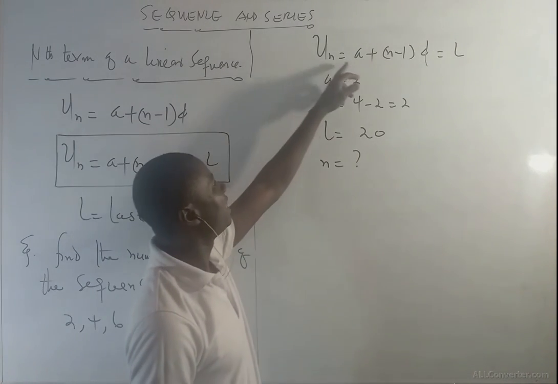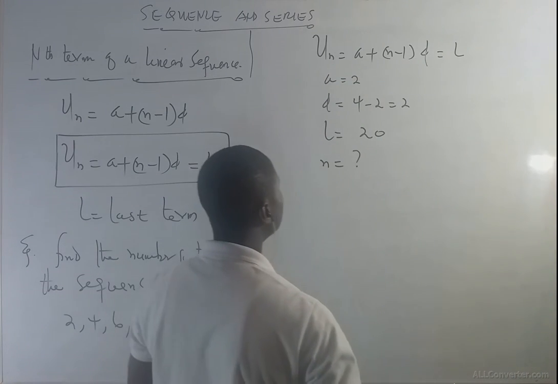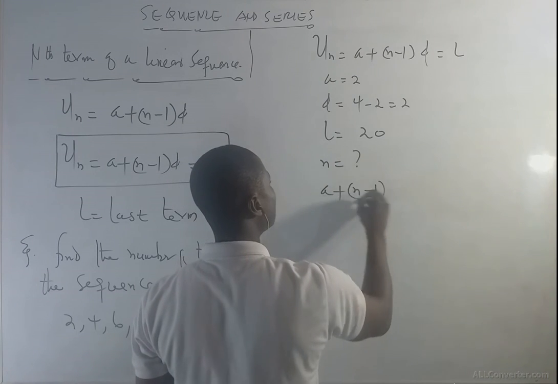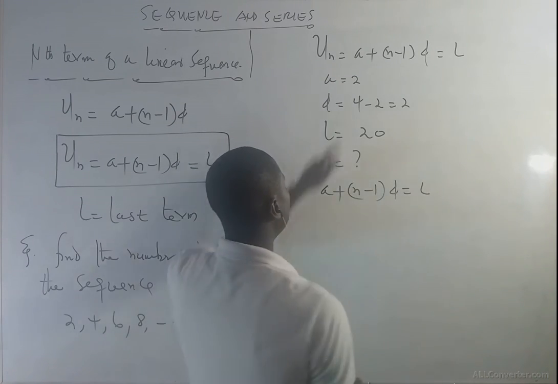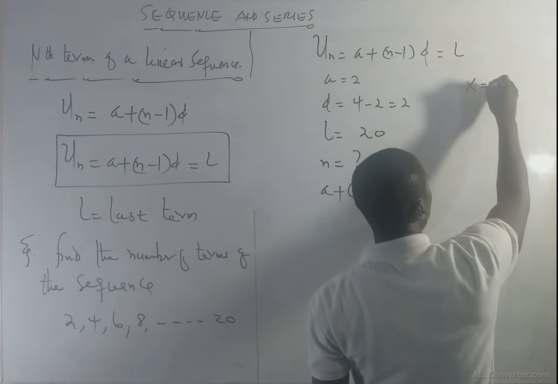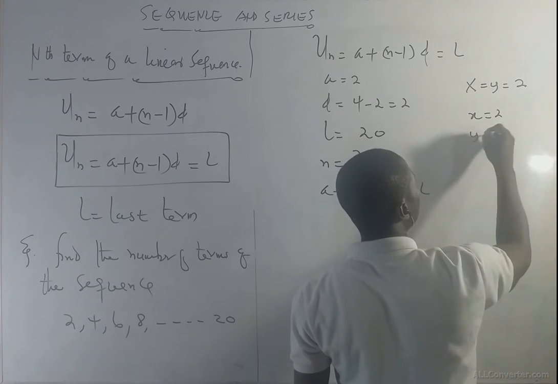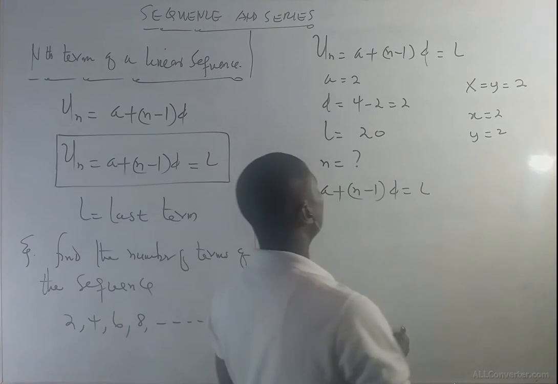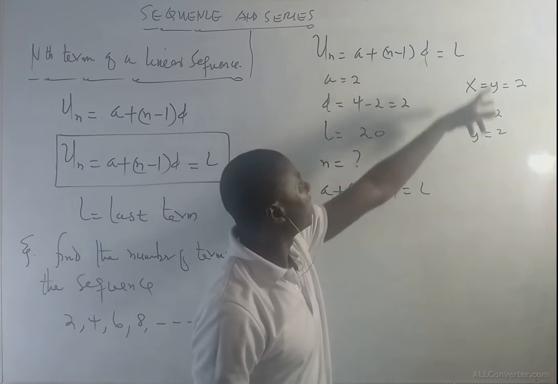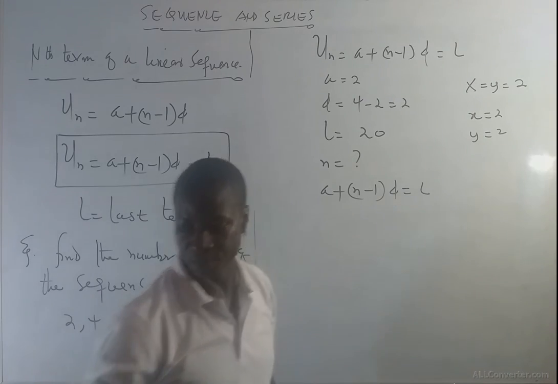So if un equals a plus n minus 1 times d, and this is equal to L, then we can say that a plus n minus 1 times d is equal to L, because you know that if you have x equals y is equal to 2, this means that x equals 2, then y is also equal to 2. That's the meaning. And so if you have un equals a plus n minus 1 times d equals L, then it means you can equate this to that. It's the same thing. That's what I'm showing you here.